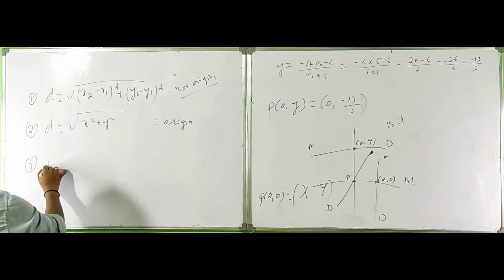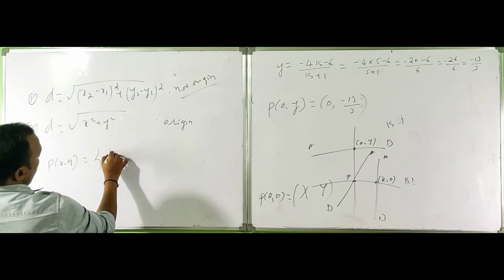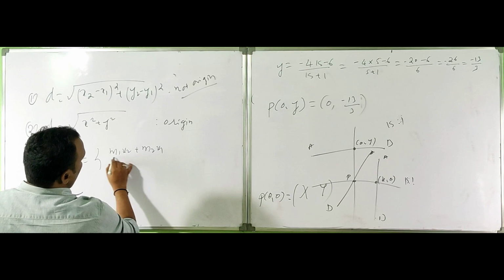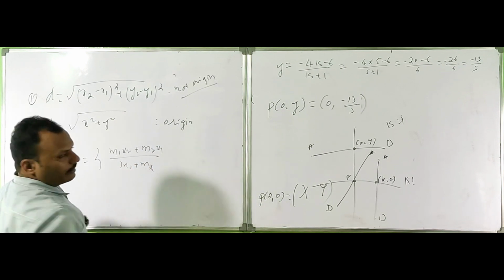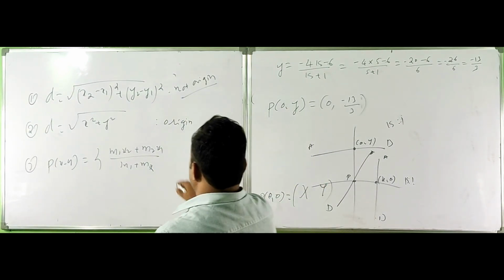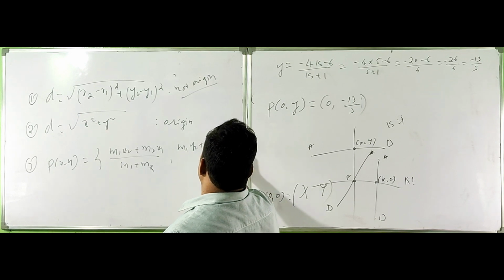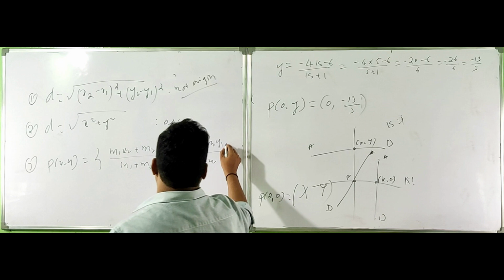Section formula is P of X, Y is equal to (M1 X2 plus M2 X1) divided by (M1 plus M2). Symmetry: M1 X2, M2 X1. Similarly, (M1 Y2 plus M2 Y1) divided by (M1 plus M2).